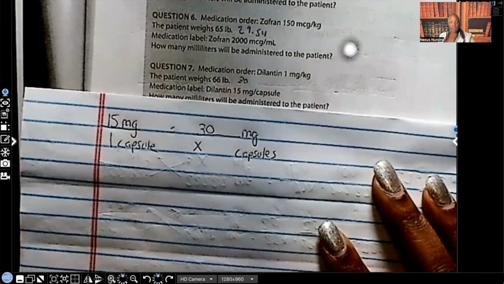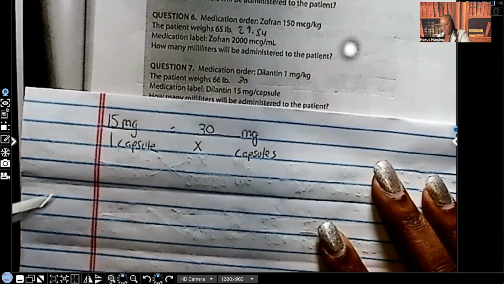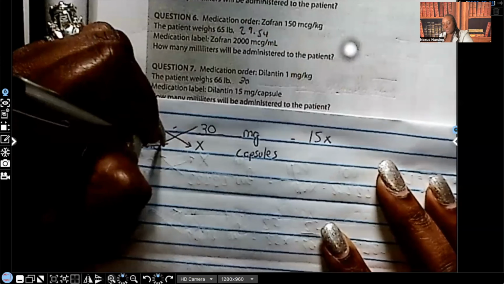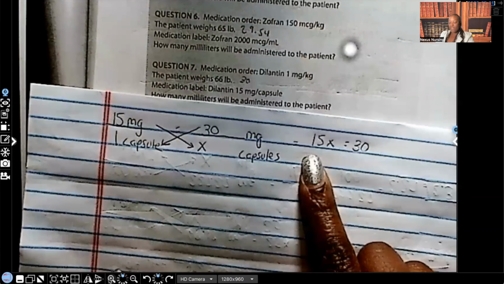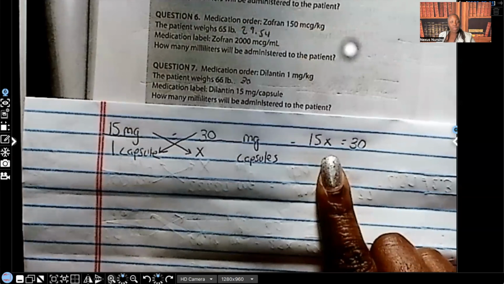Now that our numbers are plugged in, let's do the math. 15 times X equals 15X. And then 30 times 1 equals 30. 15X equals 30. But we got to get X by itself. So what are we going to do?